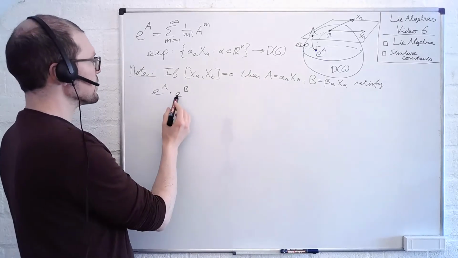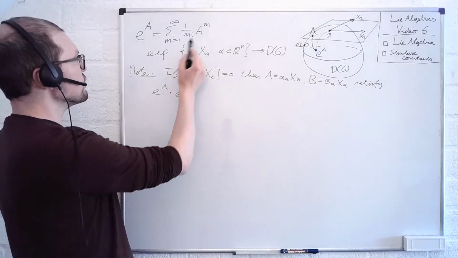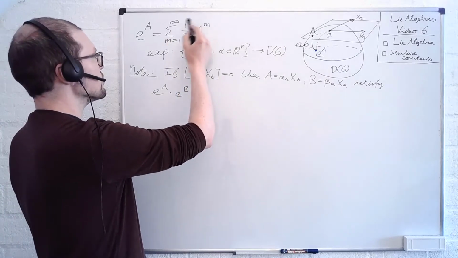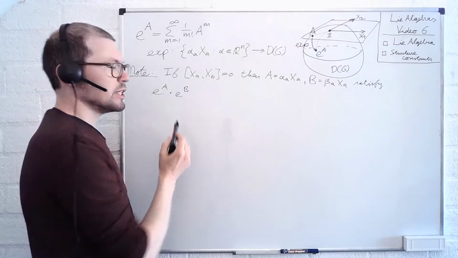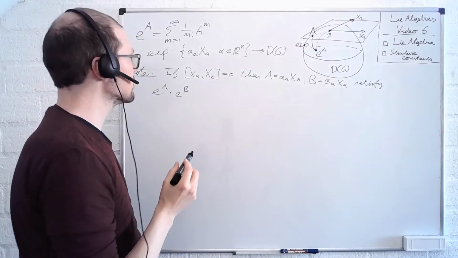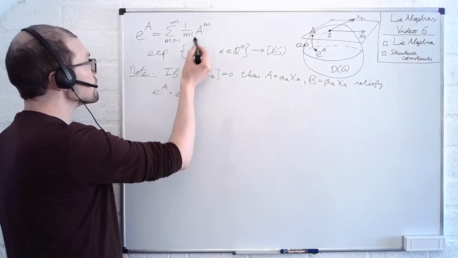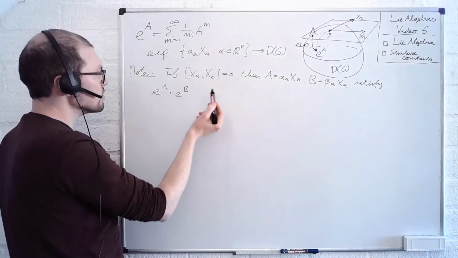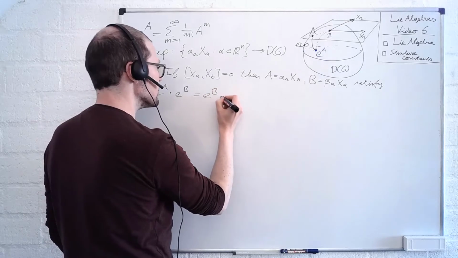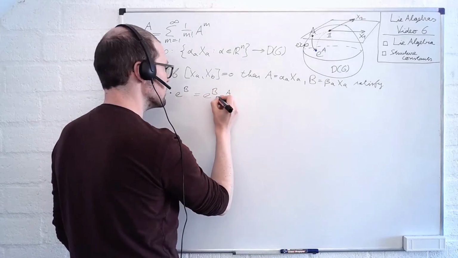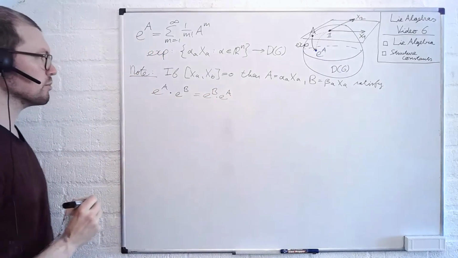Well, just plugging in the definition, it is just the usual definition of an exponential. And now A and B commute as matrices. So I can just pull through all the terms of A to the other side and find that this is the same as taking the opposite order of the matrix multiplication.